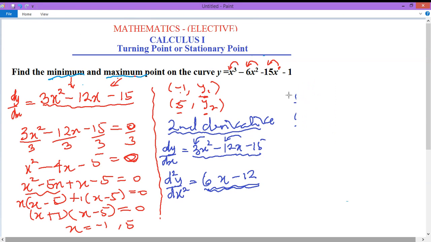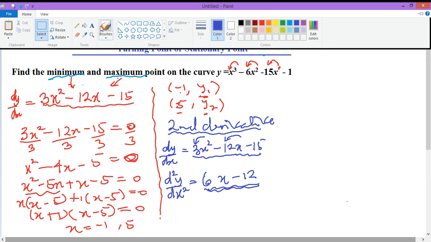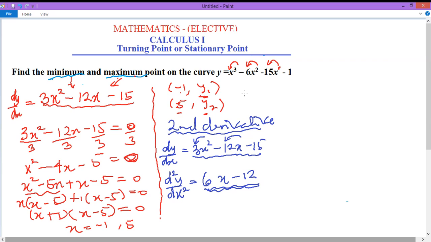Now, the value of the second derivative tells us whether the point is maximum or minimum. Pay attention to this. When you differentiate the function and obtain the second derivative, d squared y over dx squared, if the value is negative, that is less than 0, if you slot in the x into this function and we obtain a negative value, it means we have a maximum point.